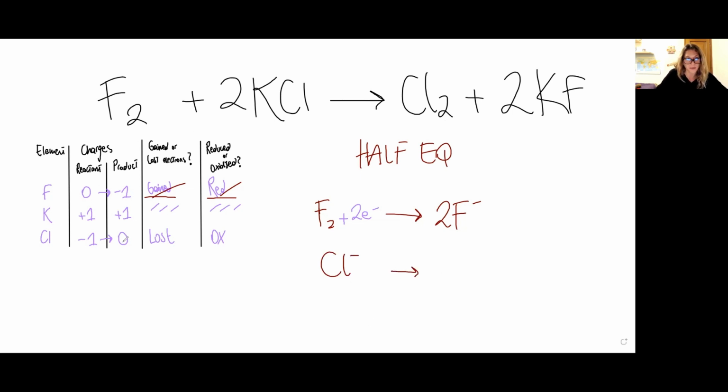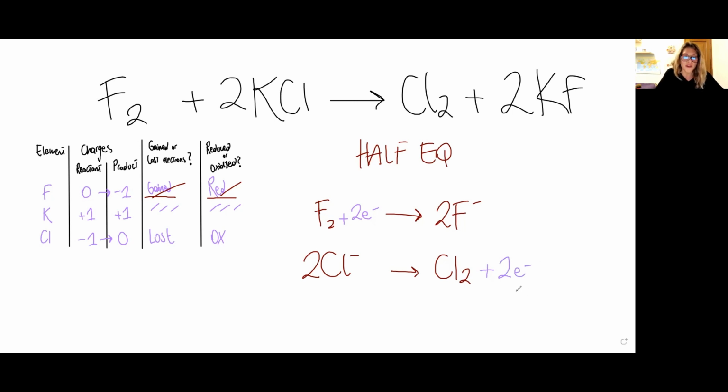We look at the product, it has a charge of 0, so as an element, Cl2. We need to balance it like it's balanced in the overall equation, and now we need to think: lost electrons, they break apart as a product. Therefore, we would write on the right-hand side, plus 2 electrons.